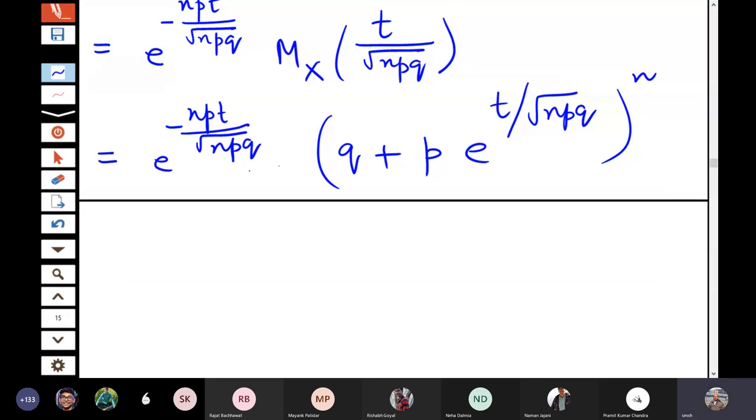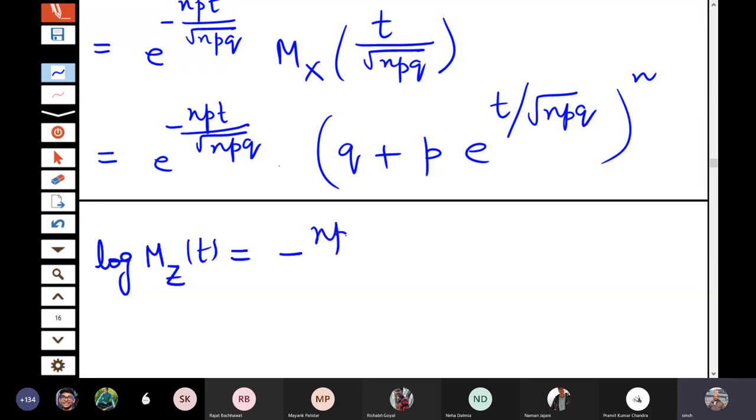Now actually I have to take the limit of this as n tends to infinity. But as you can see, the terms are a little bit complex, because you have e to the power certain terms where n is coming, multiplied by a certain term where n is coming, and then it is raised to the power n. There is a multiplicity of terms, so it is better to simplify this. We can take log on both sides.